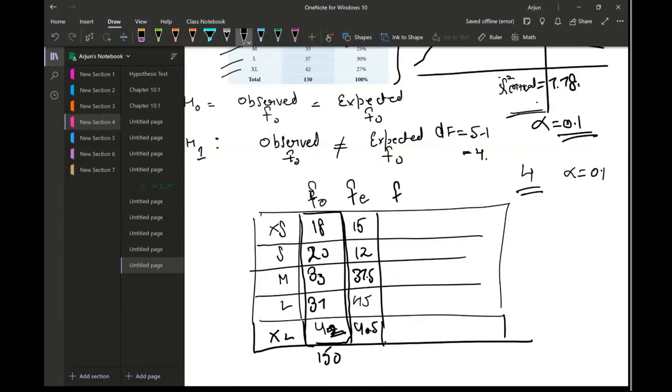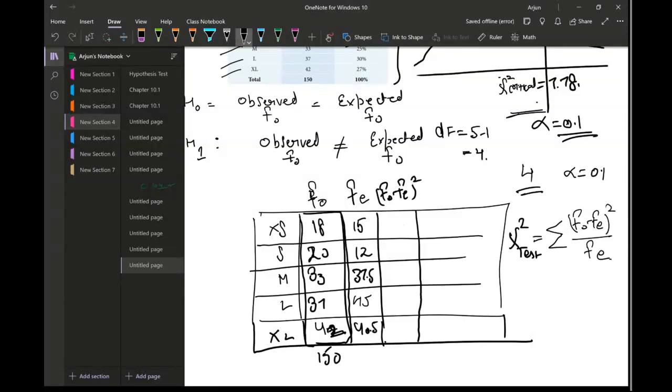Now I just need to do this: chi-square equals FO minus FE, squared, divided by FE, and take the sum of all these values. Sum of all this, that's the chi-square test. So you're going to write down FO minus FE, then square it.